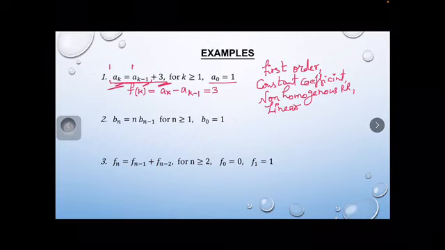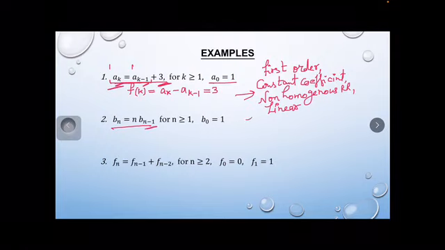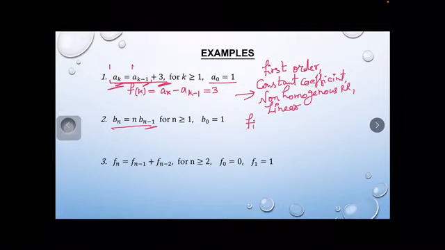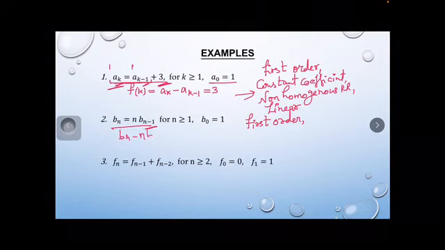Clear? Okay, so now next one is b_n = n b_{n-1}. The order is 1, because it depends only on the first previous term, so this is the first order recurrence relation. Is this homogeneous or non-homogeneous? Yes, you can write b_n - n b_{n-1} = 0, so fn is equal to 0, and this is the homogeneous recurrence relation.